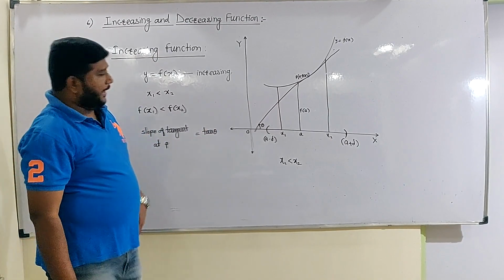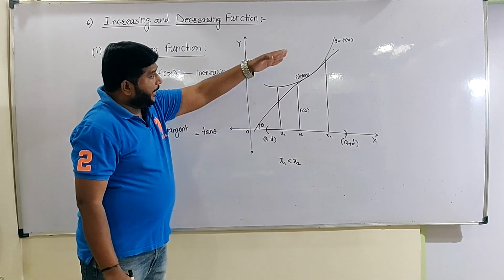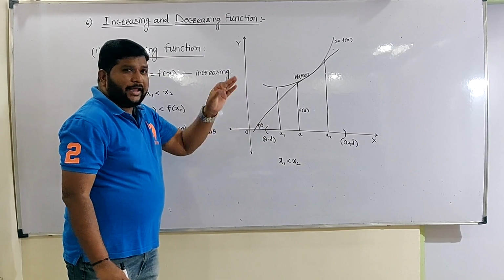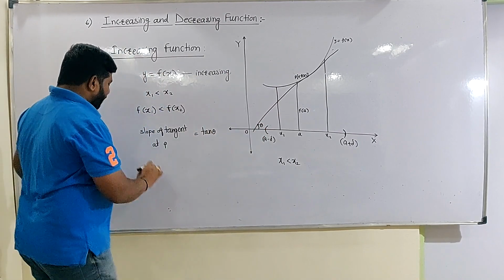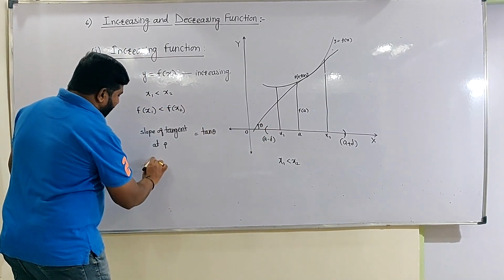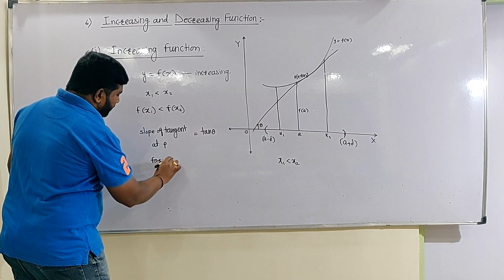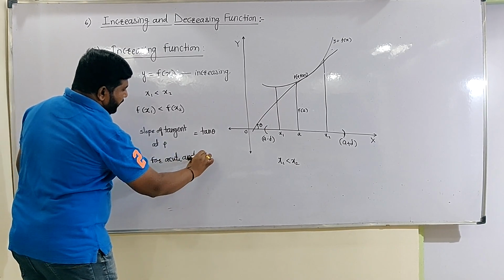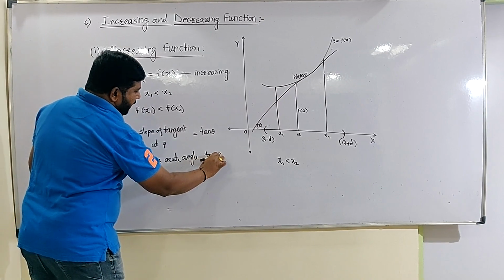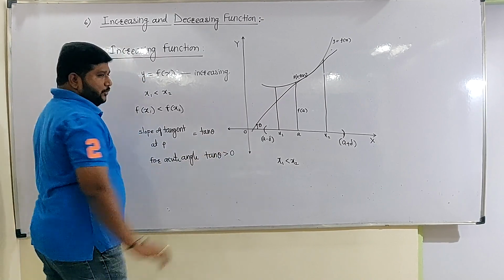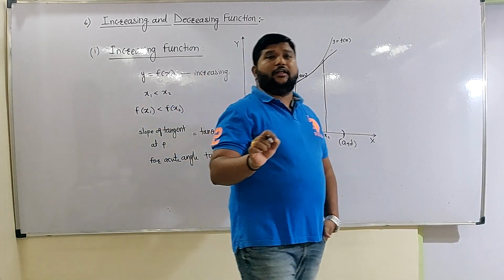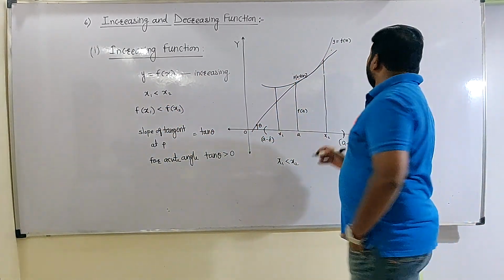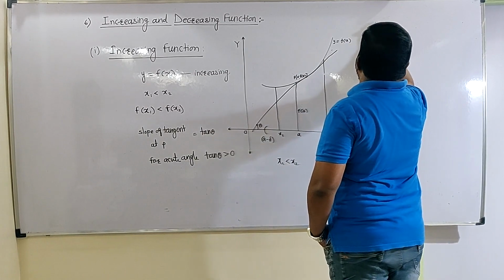We know that for an acute angle, tan theta is always positive, so tan theta is greater than 0.